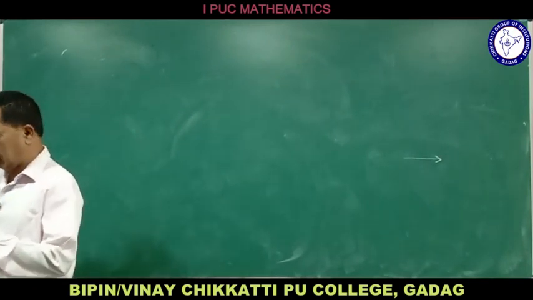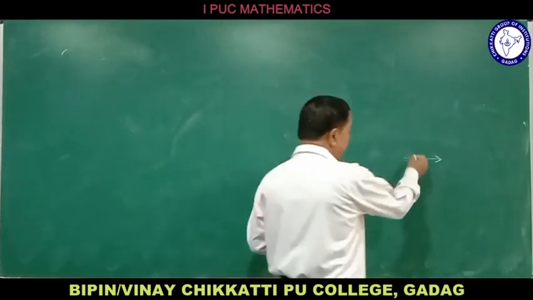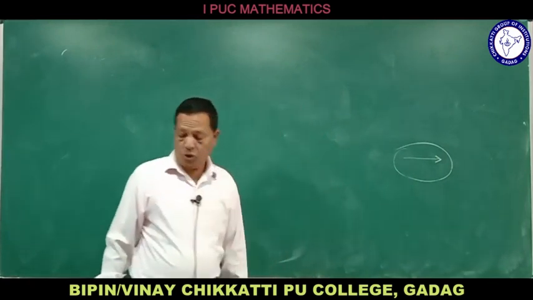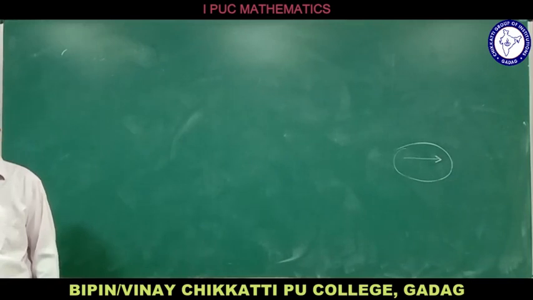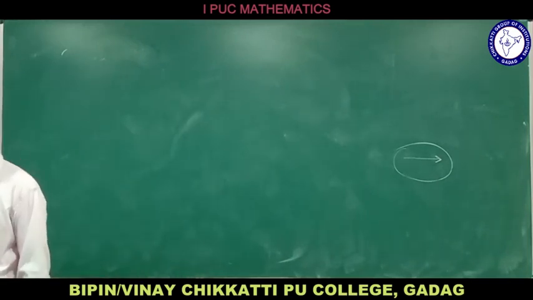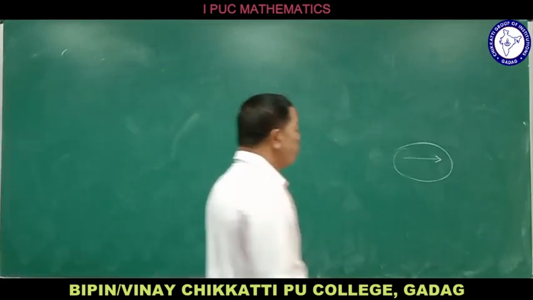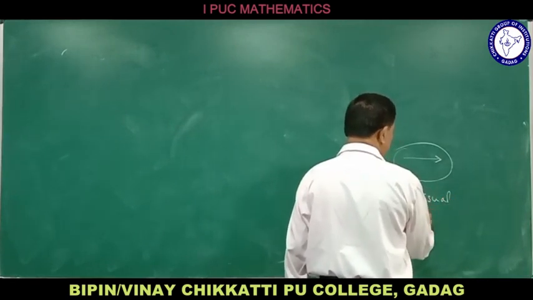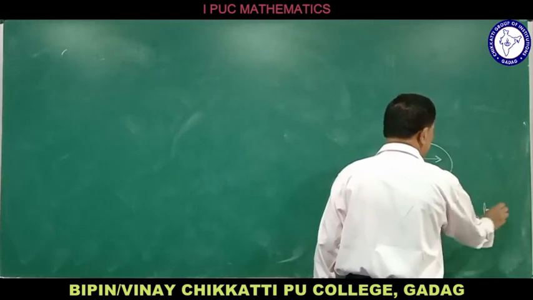So this arrow diagram is very important for representation. An arrow diagram, which I have shown you here, is nothing but a visual representation. Very important point to consider.